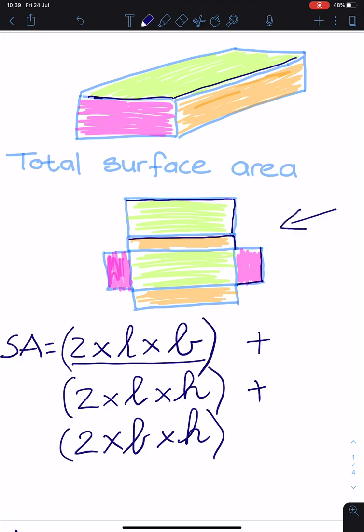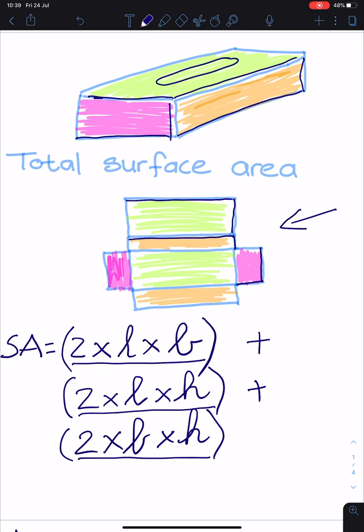Then let's look at the orange sides, length times height, look down at the formula, there are 2 of them. And then look at the pink sides, breadth times height, down to the formula, there are 2 of them.